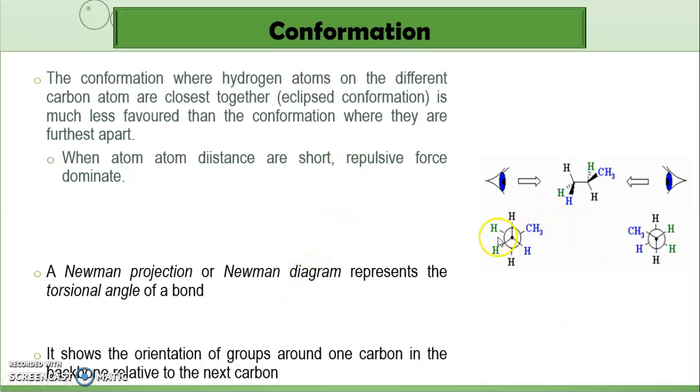As we can see in this figure, this is the carbon and the carbon atom is here. The rotation shown by Newman projection is the rotation of the side groups of ethane.